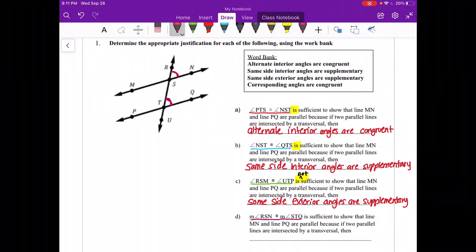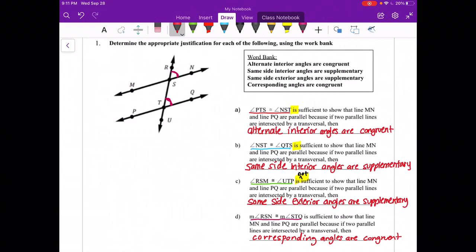Looking carefully, once again, we'll notice that these two angles are actually a set of corresponding angles. So in this blank, we're writing that corresponding angles are congruent.